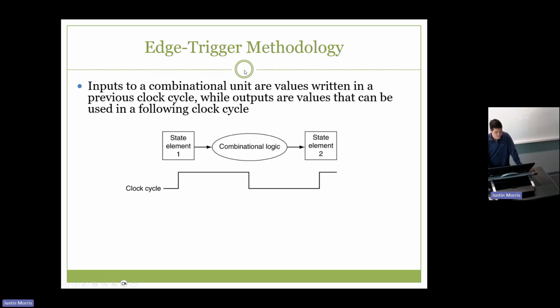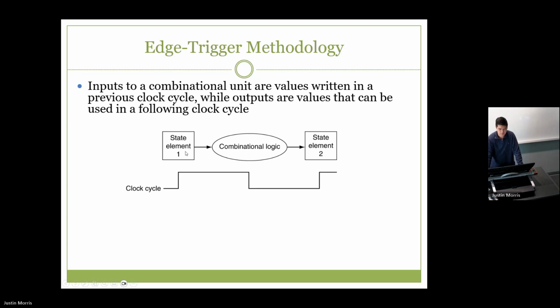So with this edge triggered methodology, our inputs to a combinational unit are values that are written in a previous clock cycle, while the outputs are values that can be used in the following clock cycle. So we get this register updated at the positive edge, and before this one is updated, during that same clock cycle, the output of this one is going through the combinational logic and going to update this register.